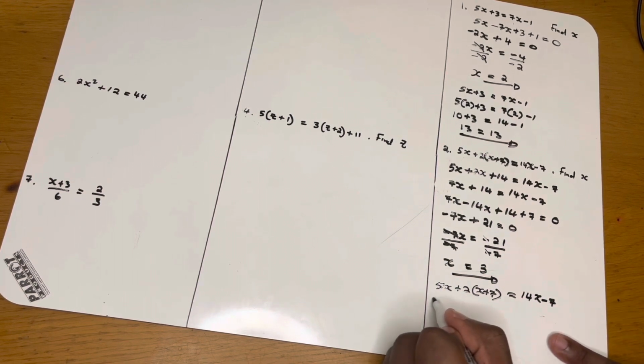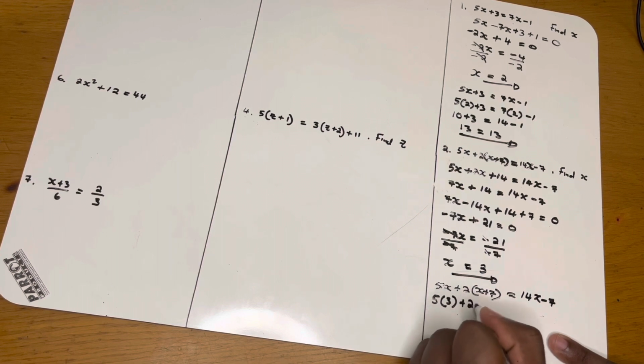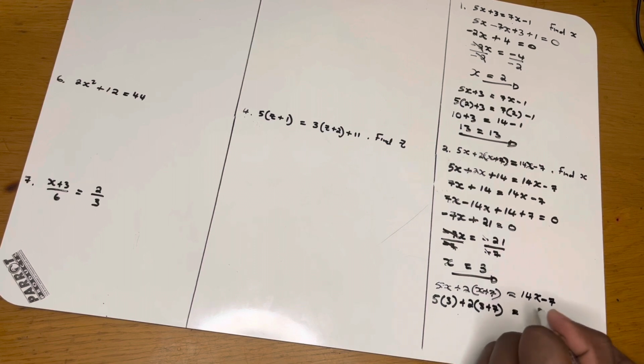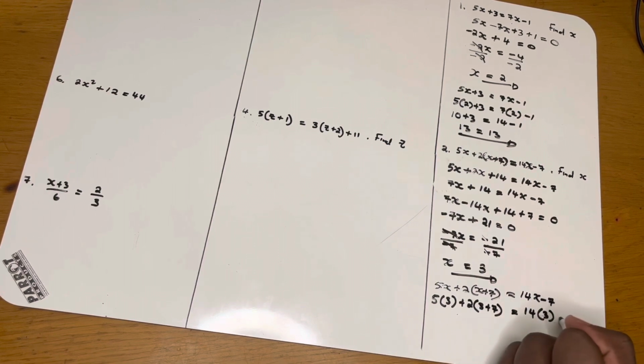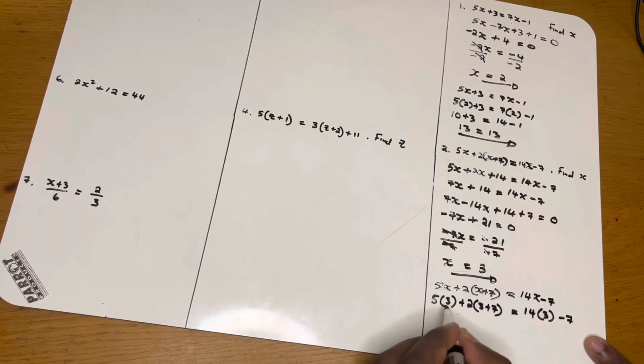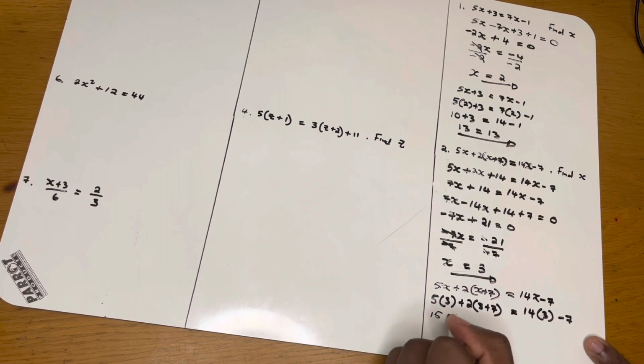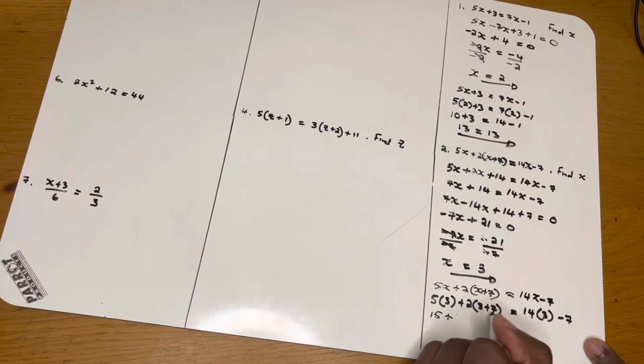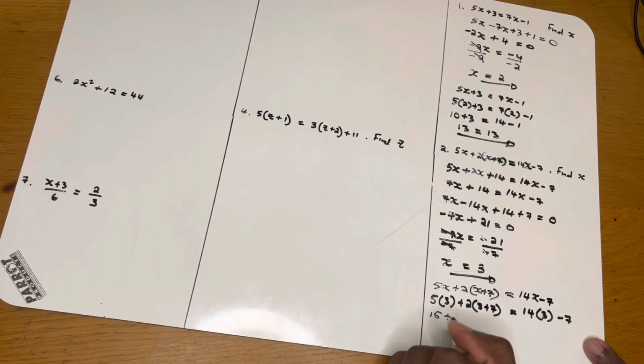Let's go. So it's 5 into 3 plus 2 into 3 plus 7, then this side we substitute 3 in the place of x, so it's 14 into 3 minus 7. So 3 times 5, that will be 15, plus 3 plus 7, that will be 10, 10 times 2, that will be 20.